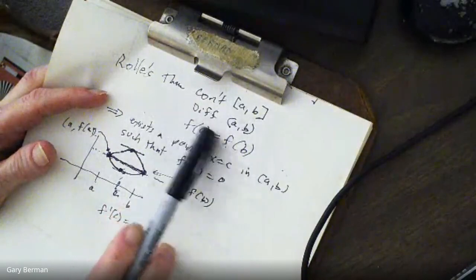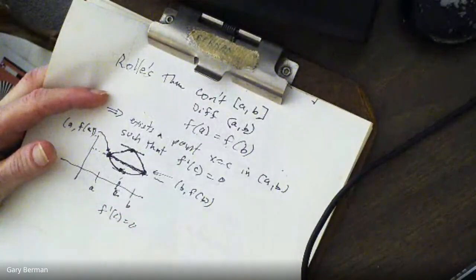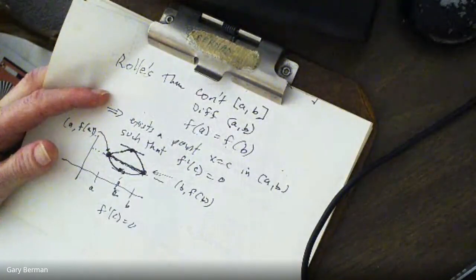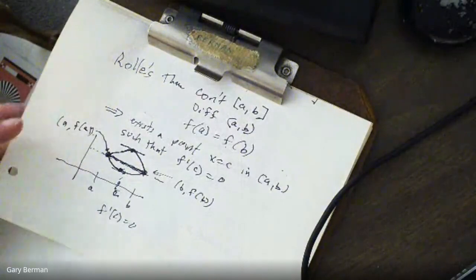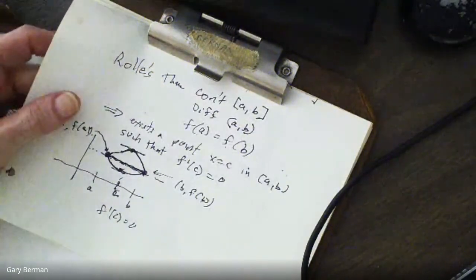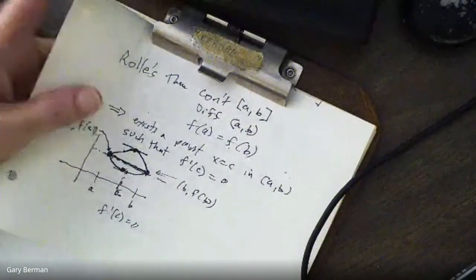Continuous on the closed, differentiable on the open. That should be something that you memorize so well that if someone shook you awake at 3 in the morning and said, quick, state Rolle's theorem, you should be able to say immediately, continuous on the closed interval, differentiable on the open interval. You're going to just be repeating that over and over and over. Okay? Yes. That's the laughs.